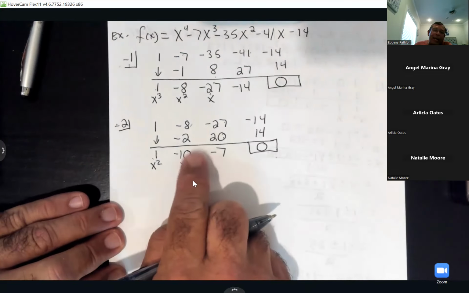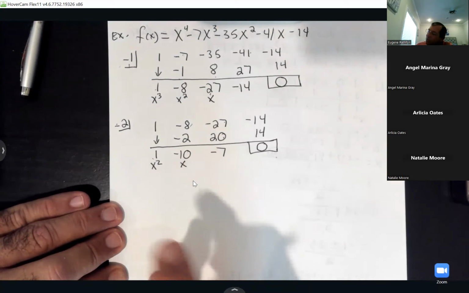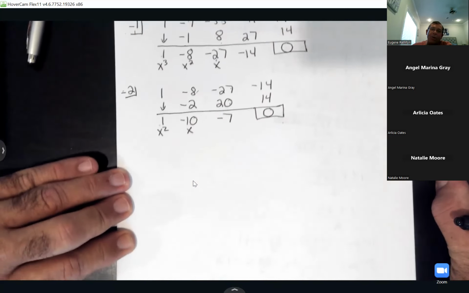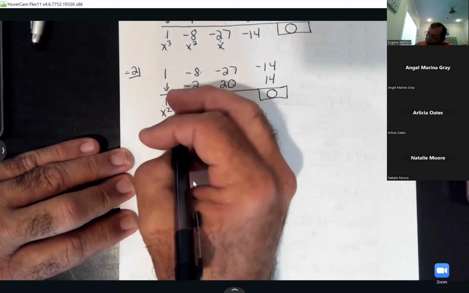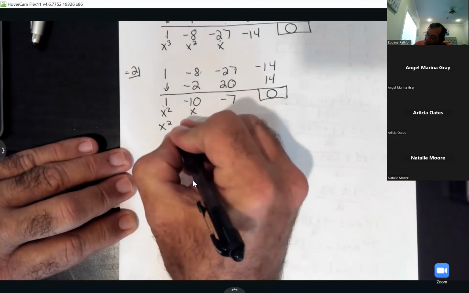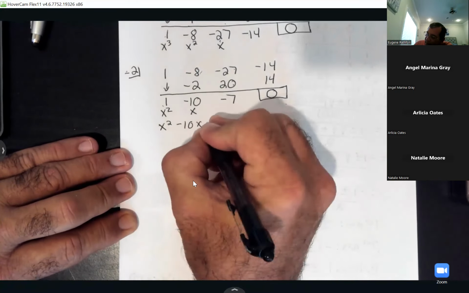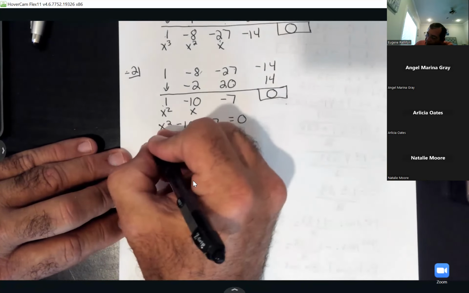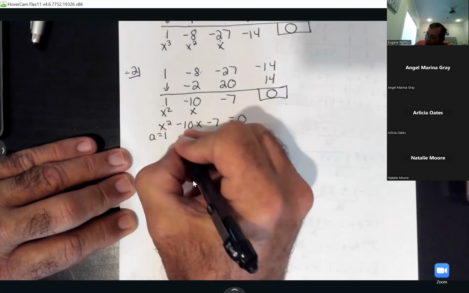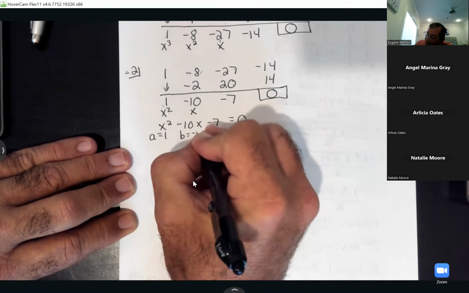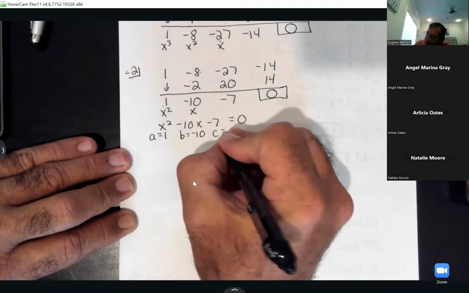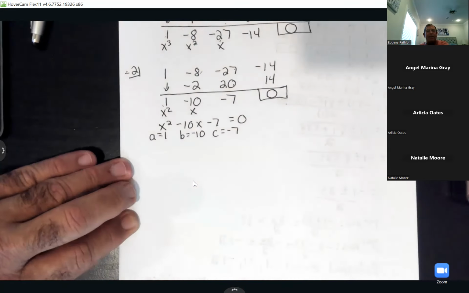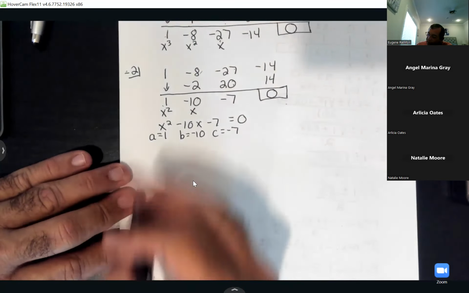So unfortunately, I got that middle number again. So guess what? I'm going to have to use our quadratic formula. So I got x squared minus 10x minus 7, and I'm going to set it equal to 0. So A will be 1, B will be -10, and C will be -7.